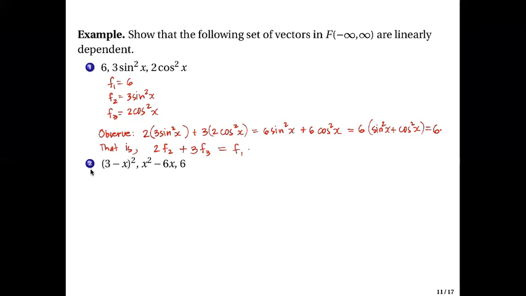Let's look at number 2. So let us label this P1. This is your 3 minus x quantity squared. P2, this is your x squared minus 6x. And then P3, this is equal to 6.